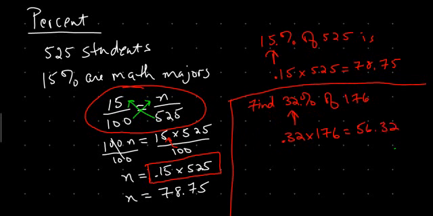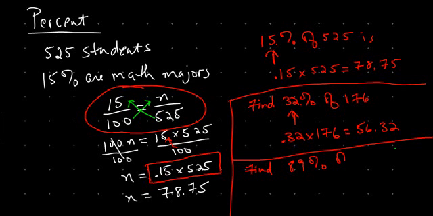Okay. Maybe one more. Let's find 89% of, let's say, 150. So to find 89% of 150, I rewrite 89 as 89 hundredths, and that is 0.89.